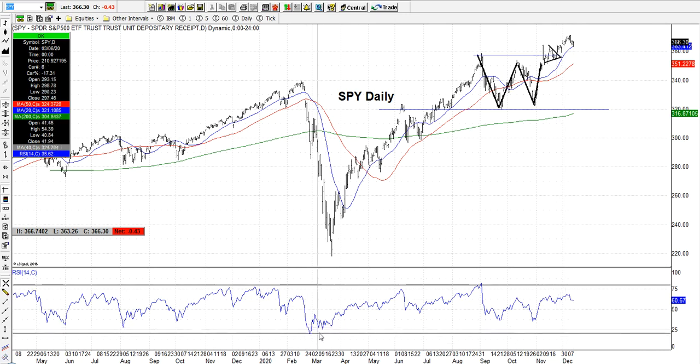Now you can see here back in February, the RSI indicator got to very oversold levels, but the stock was still up here, so it still had time to fall. It had room to fall. So what this is telling you is that the stock is getting oversold, but it doesn't mean that it's going to turn around right from this point.